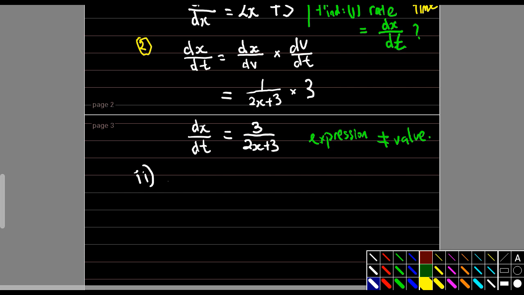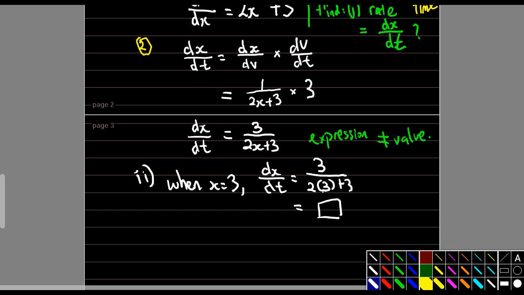Yes, right? So when x equals 3, what do we do? Sub in. Very good. So dx over dt is equal to 3 over 2 times 3 plus 3, which equals, I find this is my answer. Okay? Then the other one, x equals 6, the same thing, right?